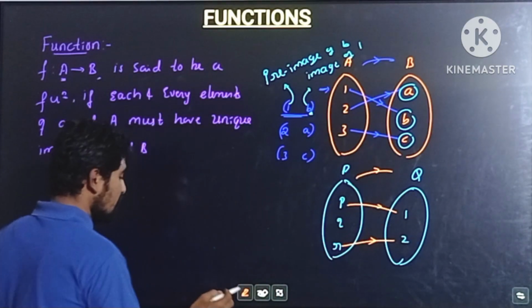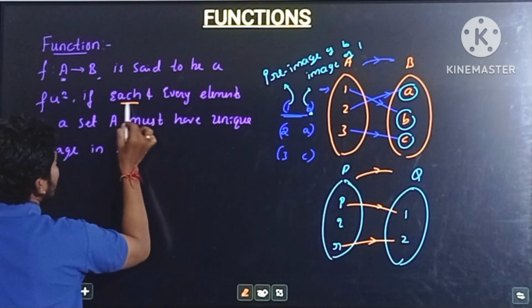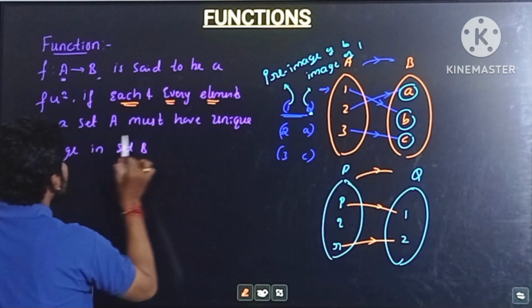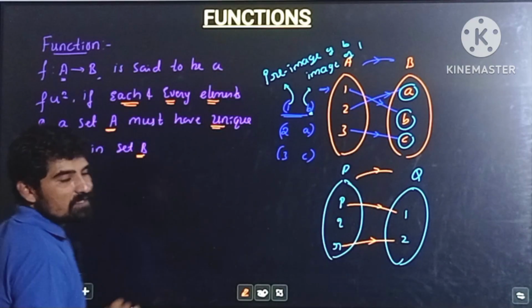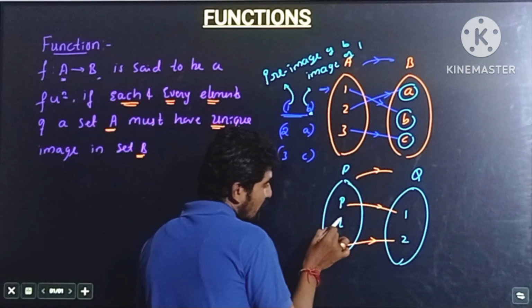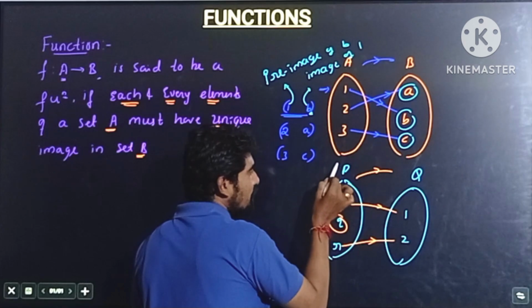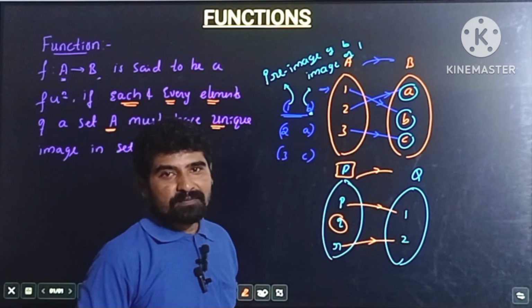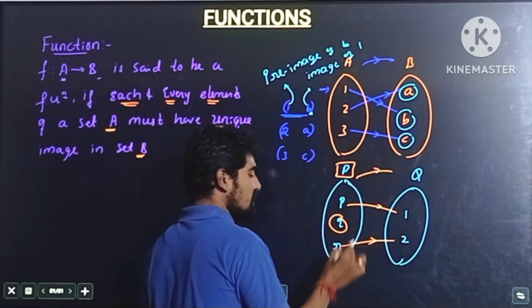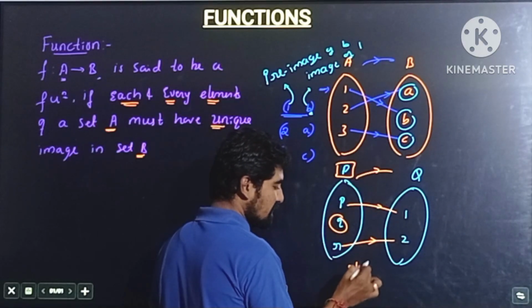What is the condition? Each and every element of the first set must have a unique image in the second set. But here the element q in set P has no image in the second set. It means this relation is not a function.